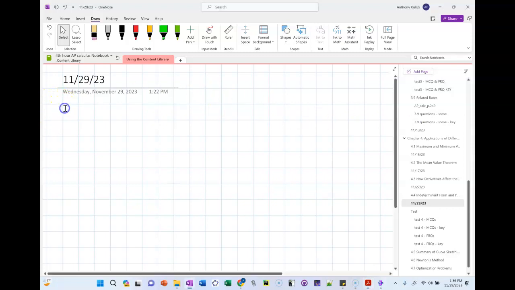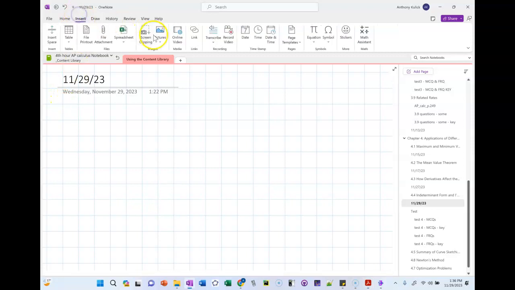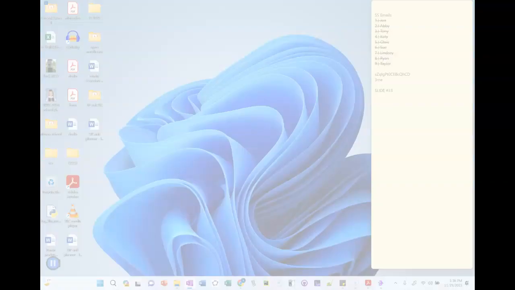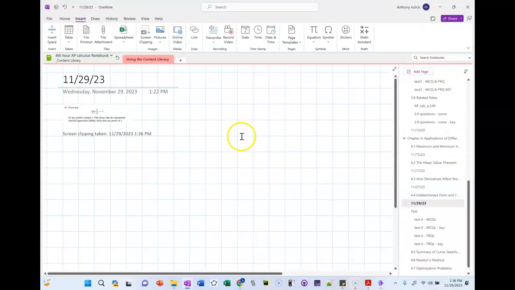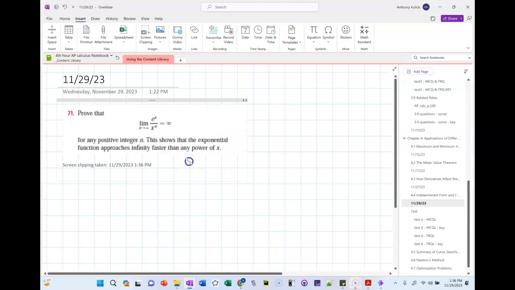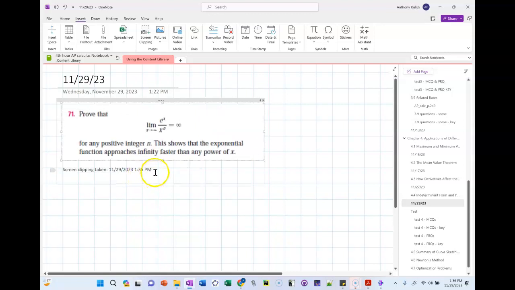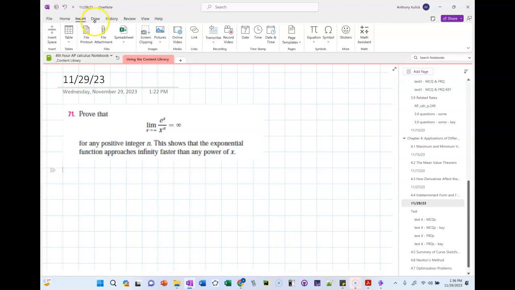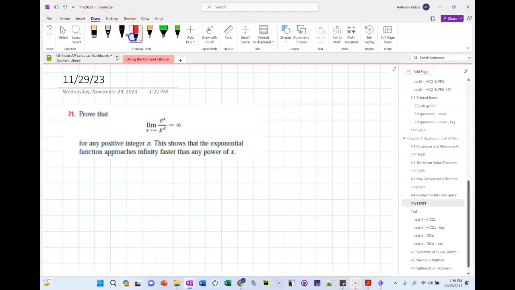Okay, Casey, I'm going to tell you right now, this is beyond the scope of something I would ask you to be able to do on the test. I just want to say that up front. This is a L'Hopital problem.